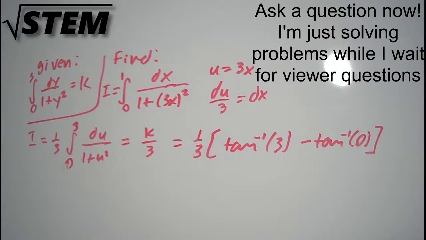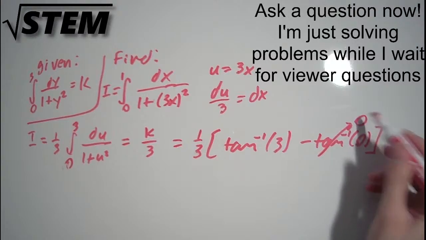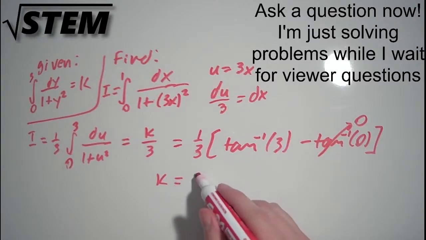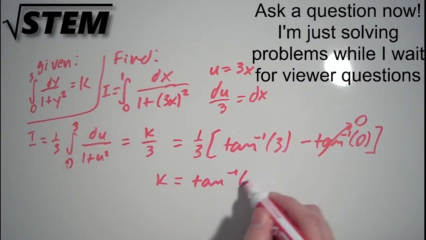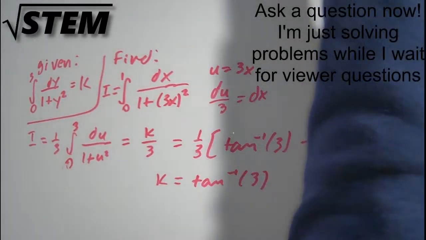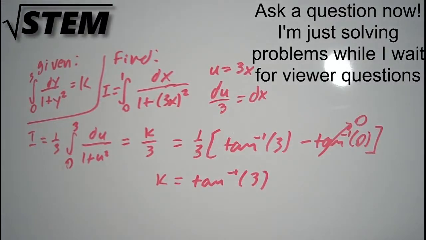Tangent is 0 when sine is equal to 0. So yeah, this would be 0. So that means 1/3 k is equal to 1/3 tangent inverse of 3. So this k is actually equal to tangent inverse of 3. What is the number tangent inverse of 3? I don't know. Let's find out.